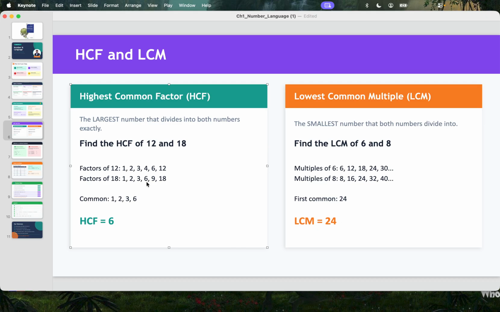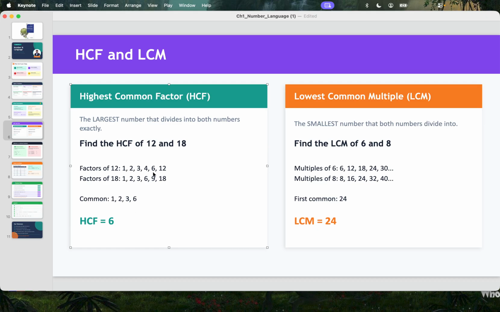Okay. So we will list all the common factors 1, 2, 3, 6. And among these, what is the highest factor? That is 6. So that is nothing but your highest common factor. It is very simple. So just list down all the factors of two numbers, take out all the common factors, list them, and then choose the highest factor among that, and that would be your highest common factor.